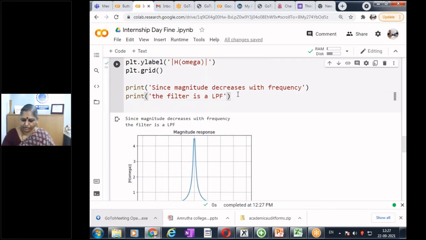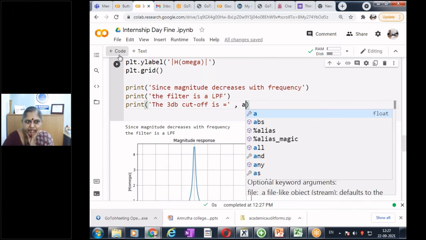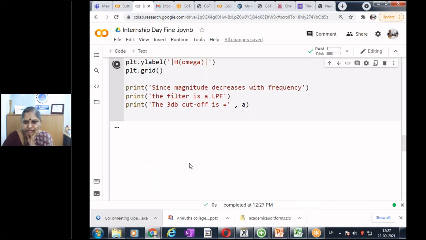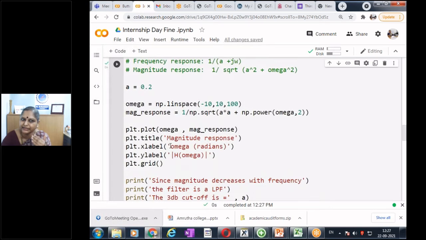We can add one more statement: print the 3 dB cutoff is. What's the 3 dB cutoff? 0.2.